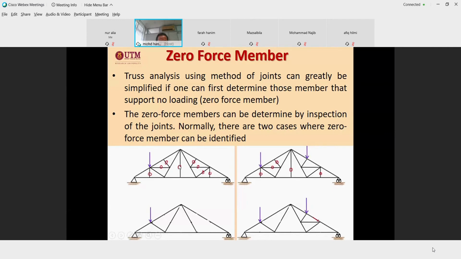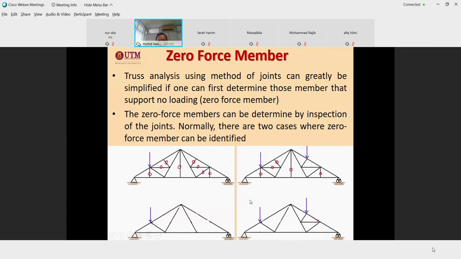Therefore, the third member is a zero force member. And look at this side. There is no external force. You start here, 0, 0. When it is 0, this one is 0. When it is 0 and it is 0, therefore it is 0.